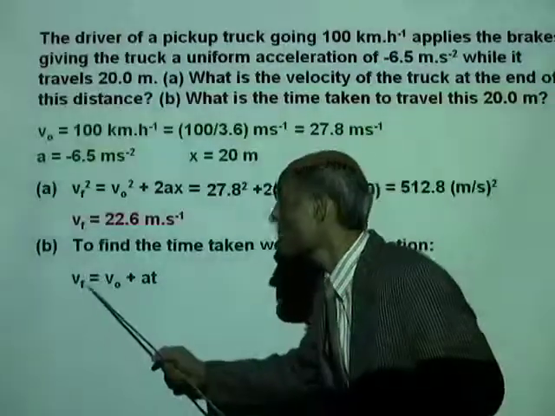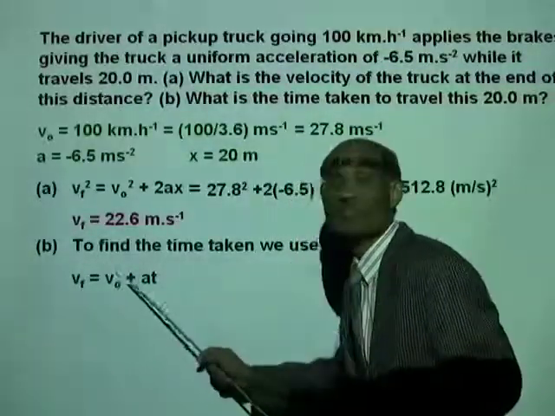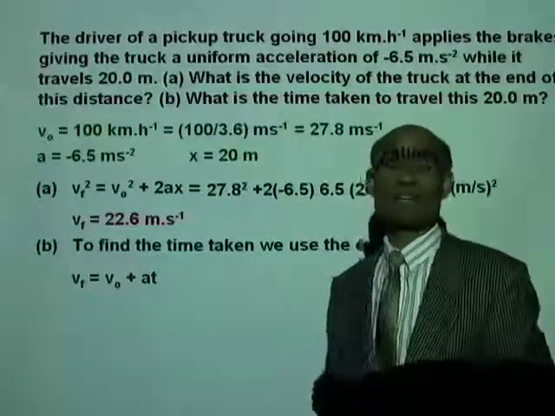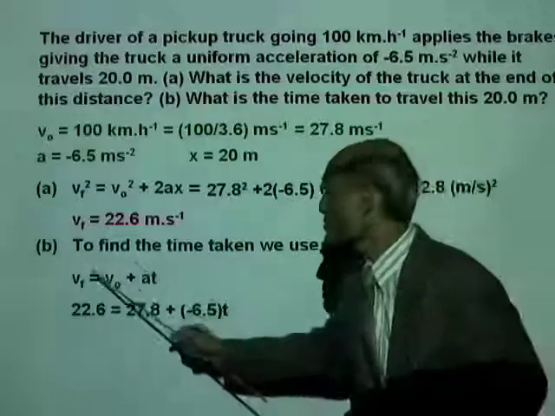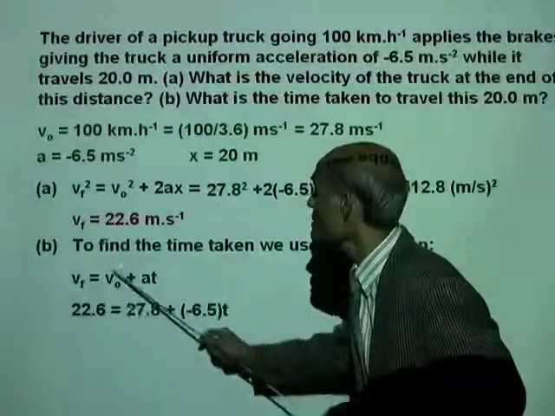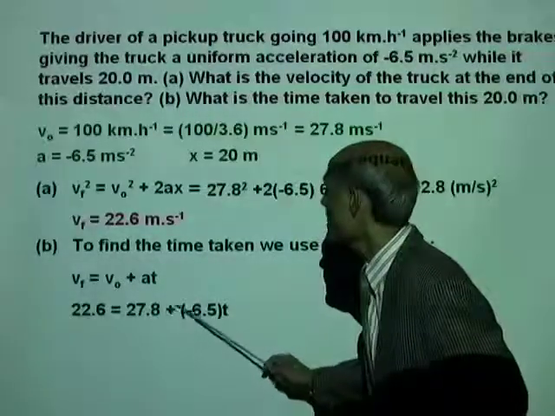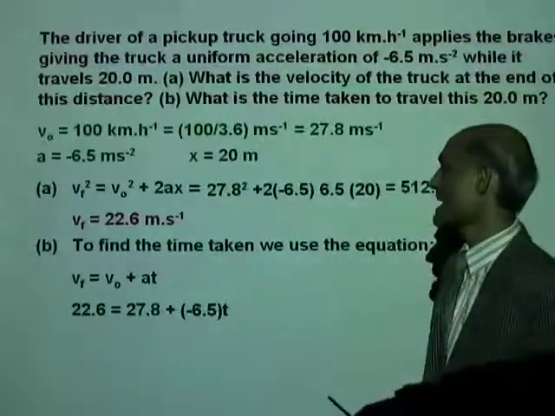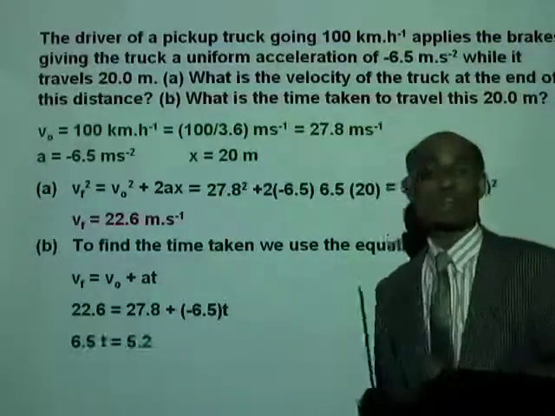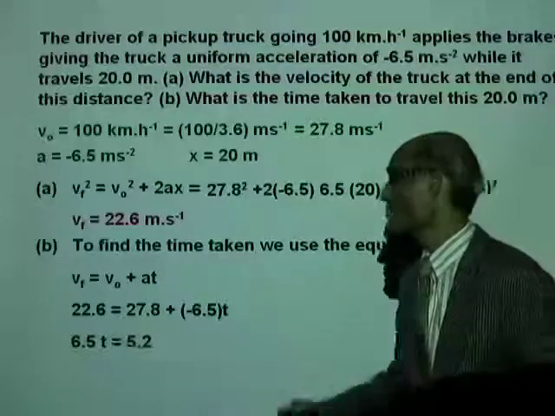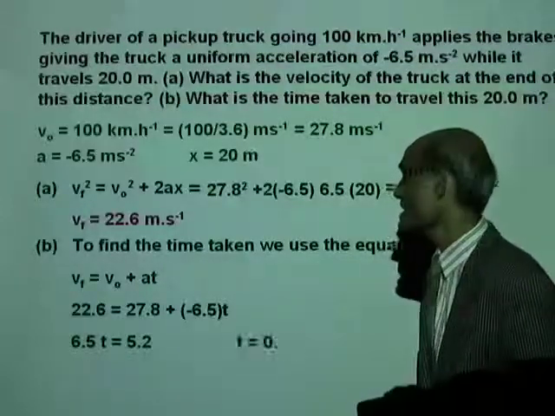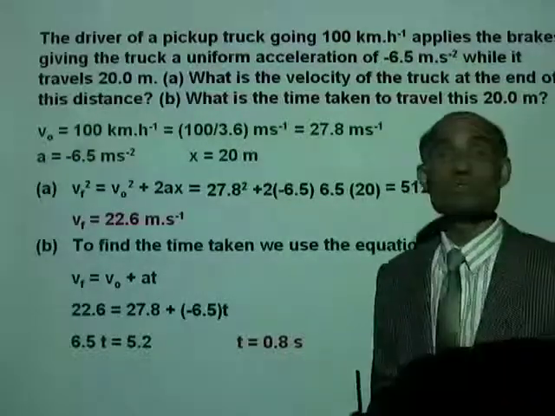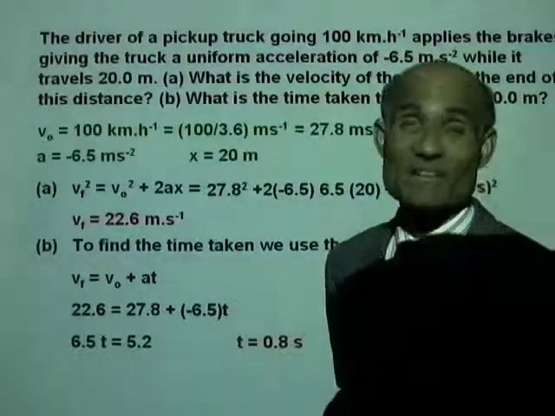We have obtained the Vf, we know V0, we know a, therefore we can find the time. So 22.6 equal to 27.8 plus a, which is negative 6.5, times t, and you can solve that equation. That will be 6.5t equal to 5.2, or t equal to 0.8 seconds.